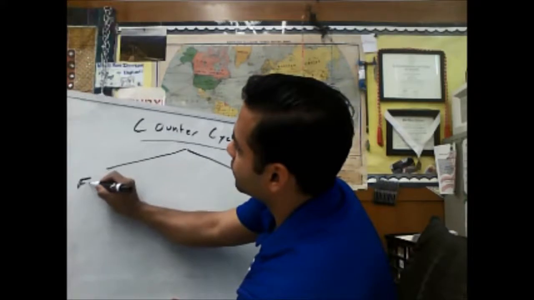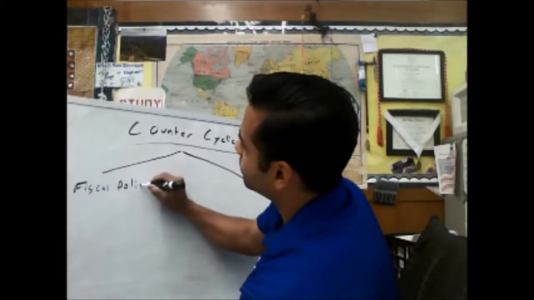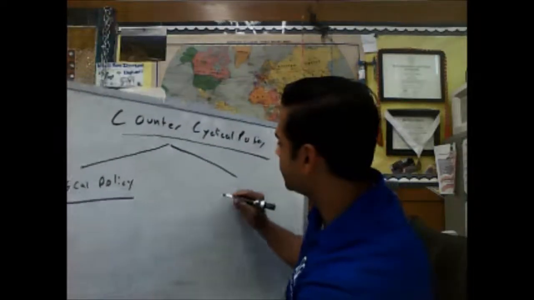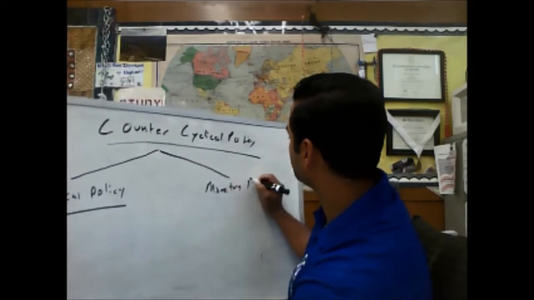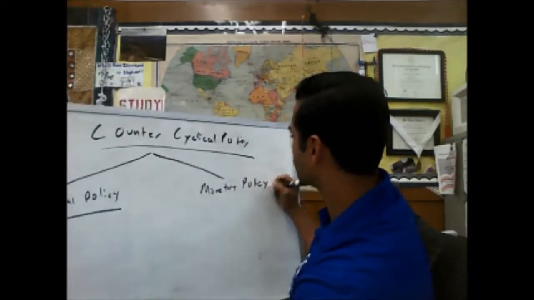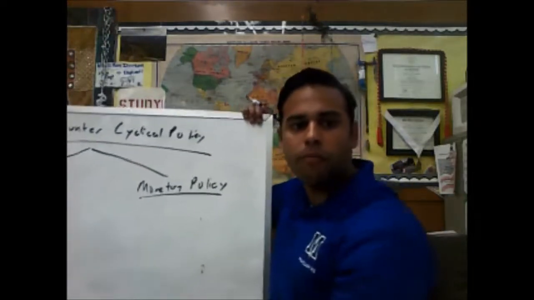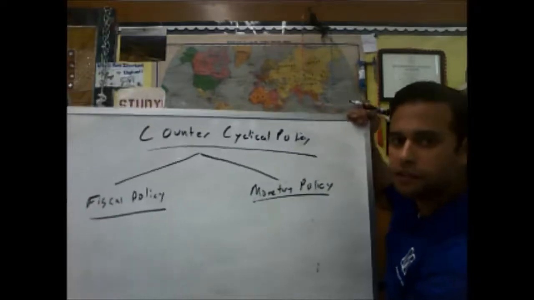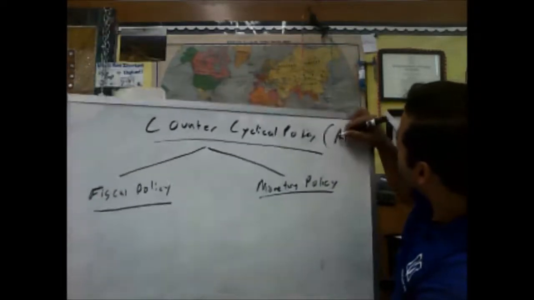One is fiscal policy, which you already learned, and the other, which we're talking about today, is monetary policy. So fiscal and monetary policies are both countercyclical policies, which means they're both demand-side policies.